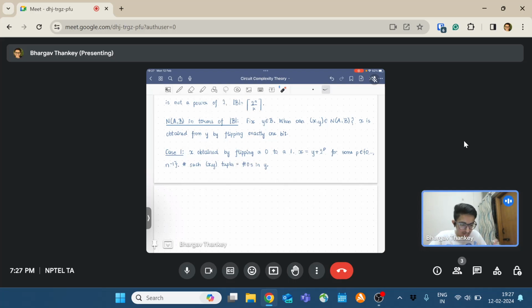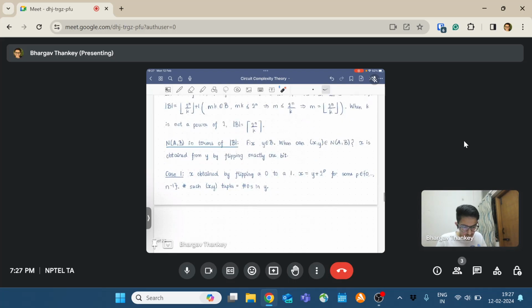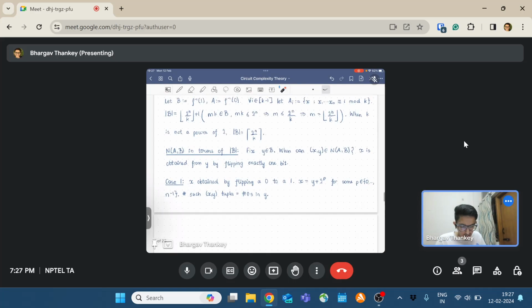Right, they are in the same set, but what we are trying to find is how many neighbors of B lie in A, right? You are trying to find how many neighbors of A lie in B. You have fixed a y and then you're trying to obtain an x, right? So I fixed a y in B, and I'm trying to find how many neighbors of y are in A. I think the representation is a bit opposite in this case.